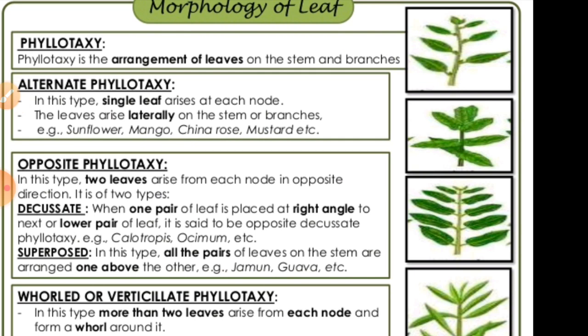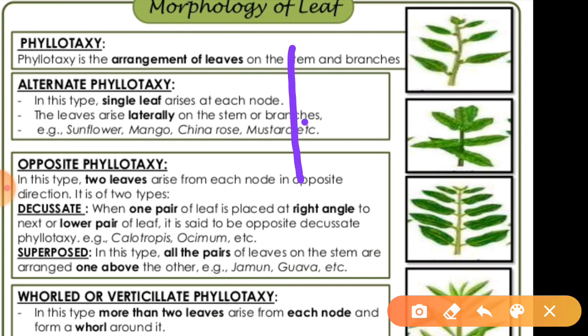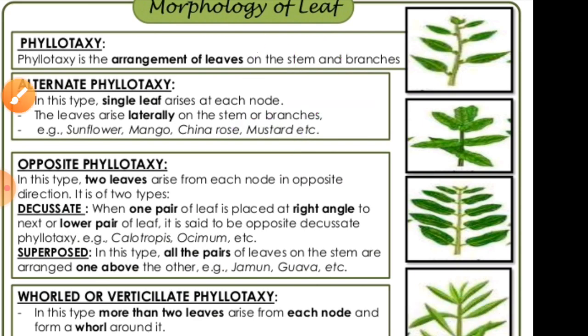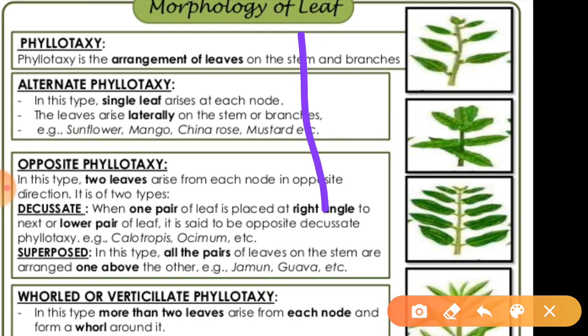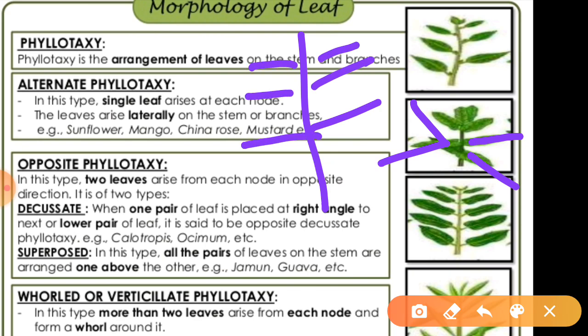Suppose this is the branch, in which one leaf comes like this, and in the same way just opposite to that one another, and so on. They always show opposite directions, as you can see in the diagram. One leaf is from this side, another from that side. They are always opposite to each other, and there is no alternation.